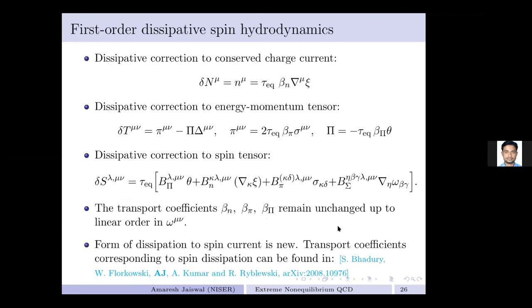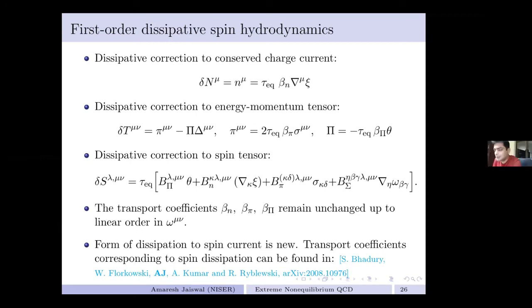You were saying that spin dissipation is somewhat like your bulk viscosity. So this expansion is affecting your spin dissipation. How?